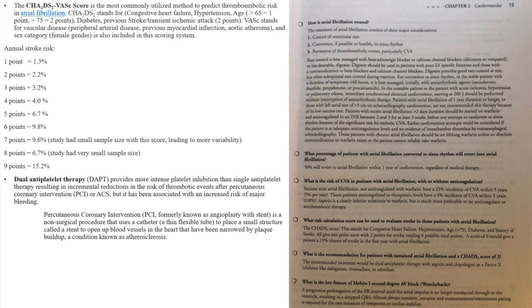So PCI is non-surgical. They use a catheter. You place a stent to open up the blood vessel in the heart that's been narrowed by plaque buildup. Oh, I see. Wait, what? Wait, dual antiplatelet therapy.